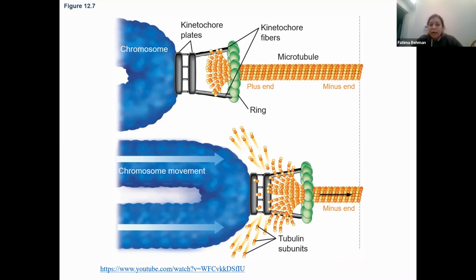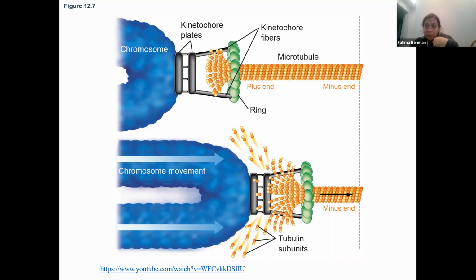Okay, so this is just to show you a close-up of what's happening to the kinetochore microtubules. Remember, the kinetochore microtubules are the ones that are depolymerizing and shortening as the chromosomes are getting pulled apart, right? So normally you have these ring proteins that are going around the kinetochore microtubule, and then they are linking to the chromosome to keep it attached, so to speak, with the microtubule.